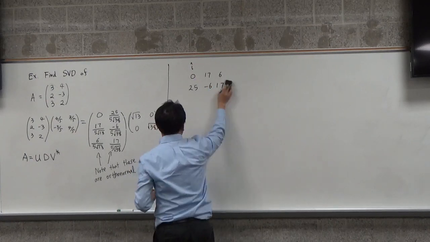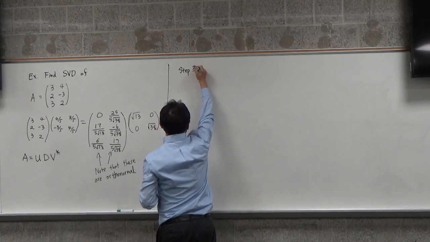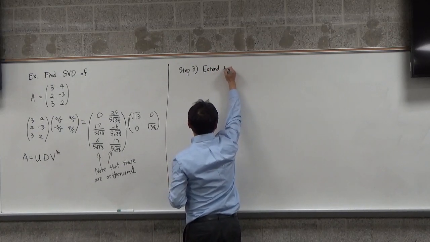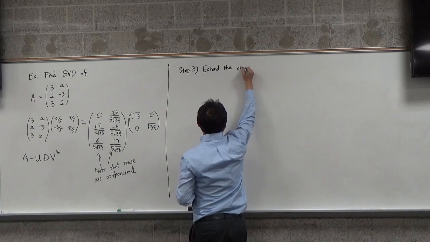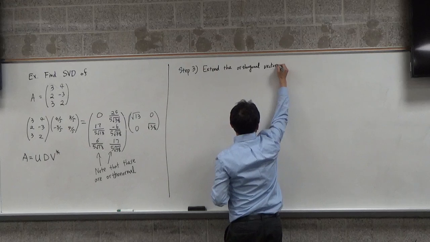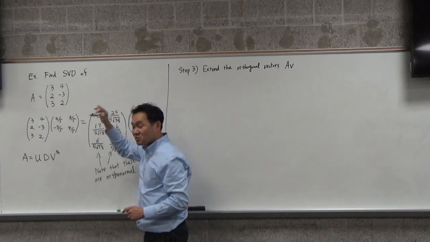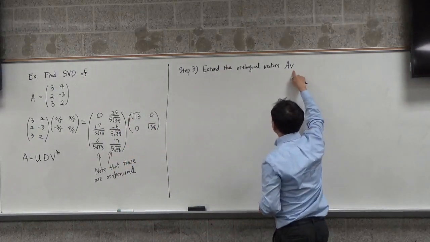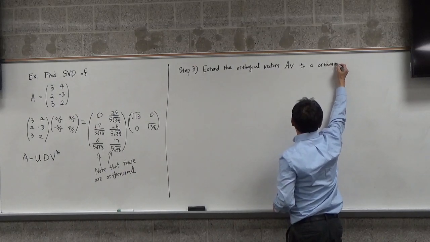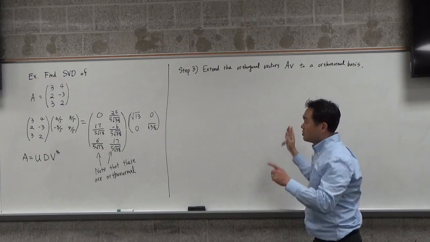Oh, sorry, I forgot to write step 3. Step 3: extend the orthogonal vectors Av, these vectors that we obtained by multiplying A times the eigenvectors, to an orthonormal basis of whatever.